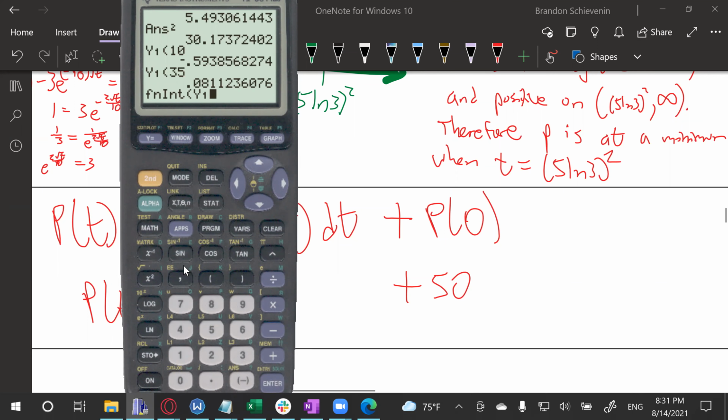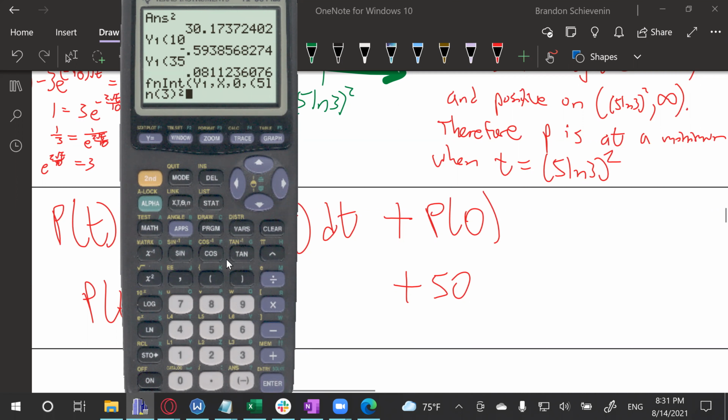I'm integrating y1 in terms of x from our start point at 0 to our end point at 5 ln 3 squared. Open, open, open, close, oops, close, close. Okay.